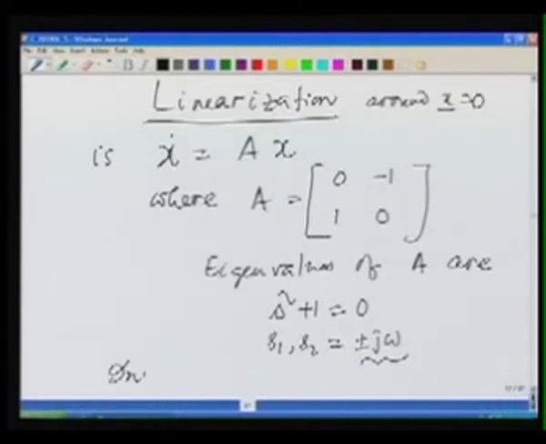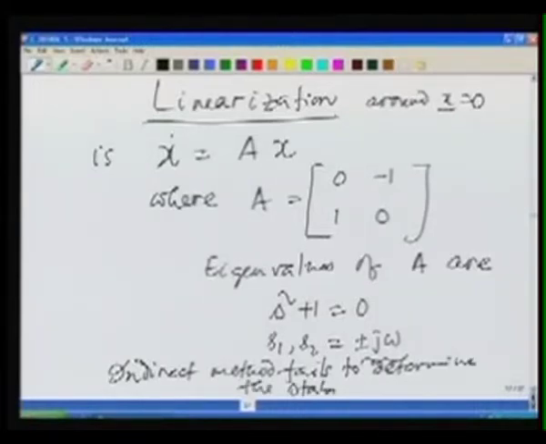So, the indirect method fails to determine the stability, since for saying stability or instability, either all real parts have to be negative or all real parts have to be positive.